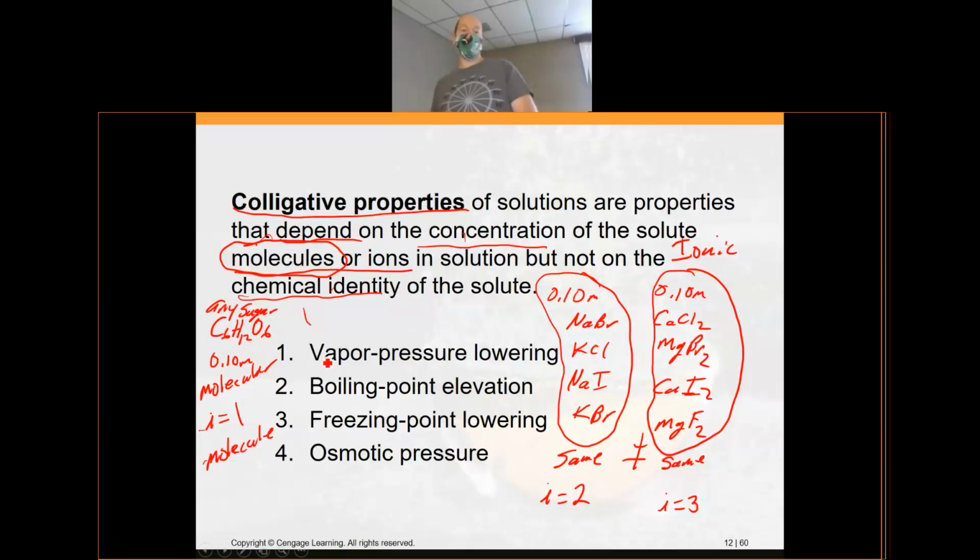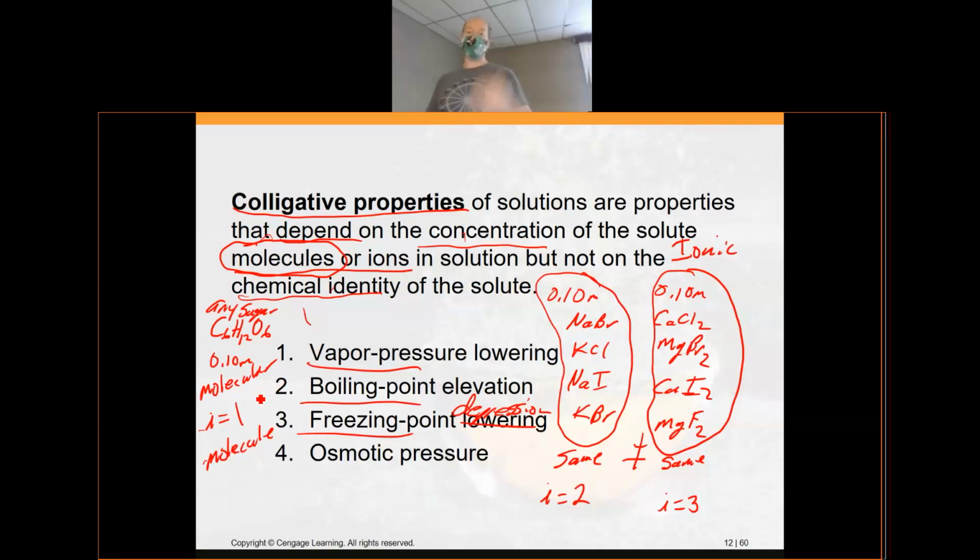All right, so we will have these colligative properties: vapor pressure lowering, boiling point elevation, freezing point, I call it freezing point depression, all right, or lowering, and osmotic pressure. So these are the colligative properties we're going to talk about. Again, I can give you a problem and I can pick 10 different sugars and they all have the same concentration.